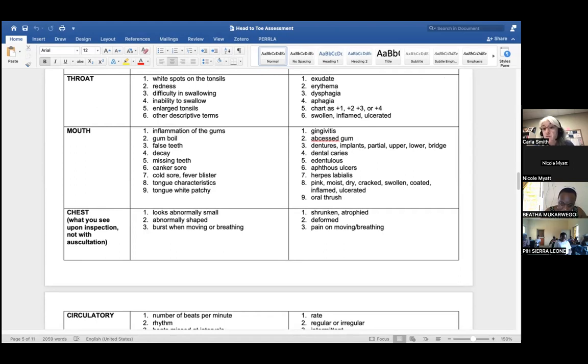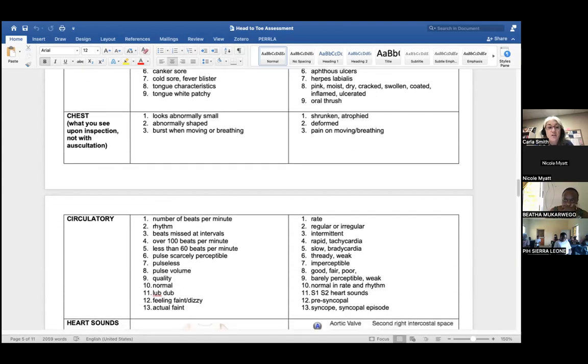If they have dentures, please note if they are partial or full, upper, lower, or both. Do they have cold sores? Do the lips appear pink, moist, dry, cracked, swollen, inflamed? Is any oral thrush present?